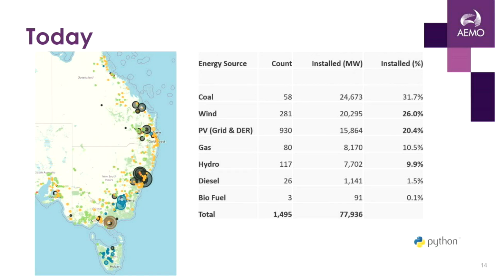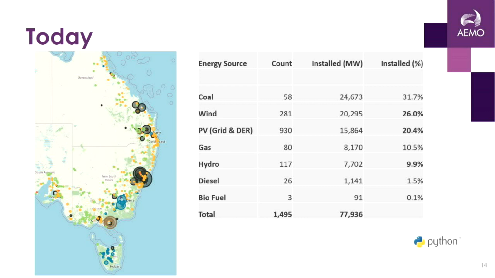Roll forward to today and the picture is very different. You almost can't see the coast on this map because of all the coloured dots. Yellow indicates solar, either grid scale or what we call DER or distributed energy resources, behind the meter on residence and small business rooftops. Green indicates wind.